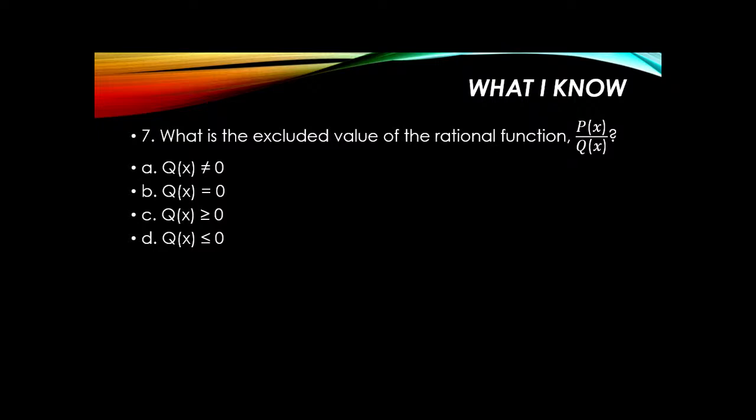C. Q of x is greater than or equal to 0. D. Q of x is less than or equal to 0. Okay, the correct answer is letter A. Ngano man, kay dili dapat equal to 0 ang atong q of x, ang atong denominator.